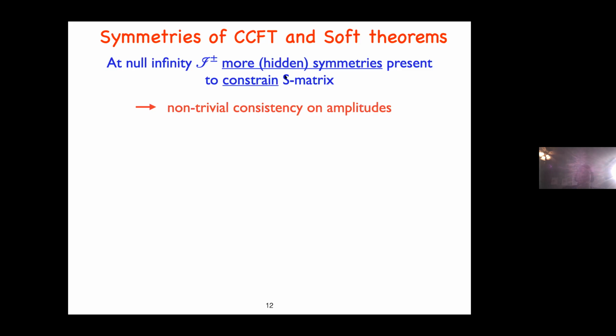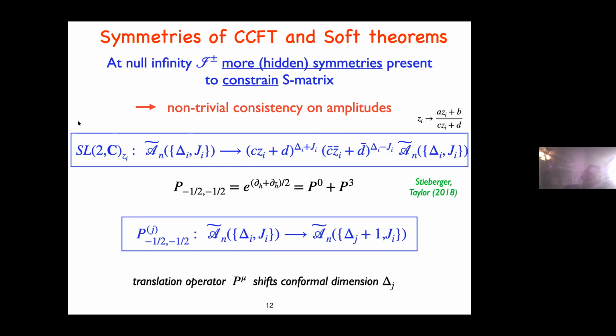And this constrains the S matrix, and they provide non-trivial consistencies on amplitudes. So I would like to see what this can tell us about celestial CFT. So let's see first how we can see the standard symmetries. The first one we discussed was Lorentz symmetry. We learned that Lorentz symmetry corresponds to the global conformal symmetry on the celestial CFT.